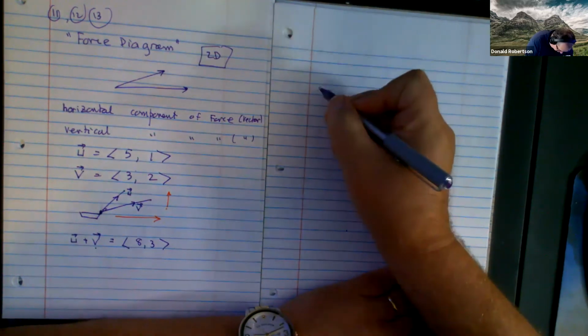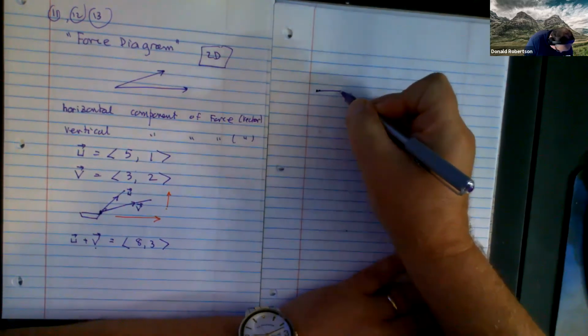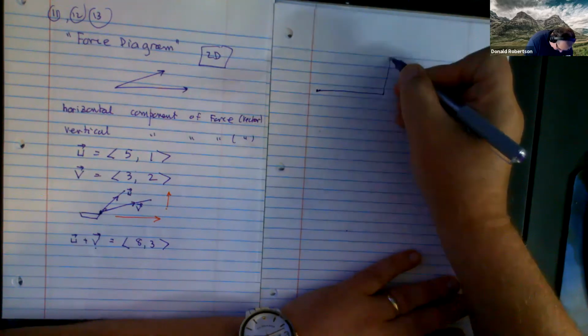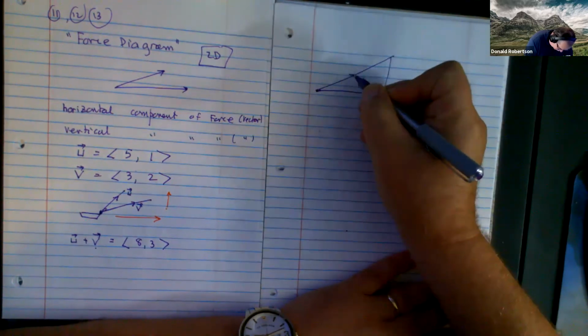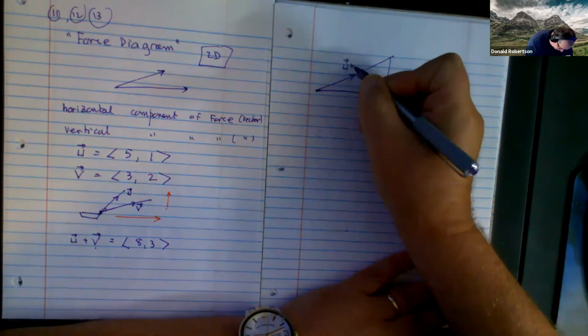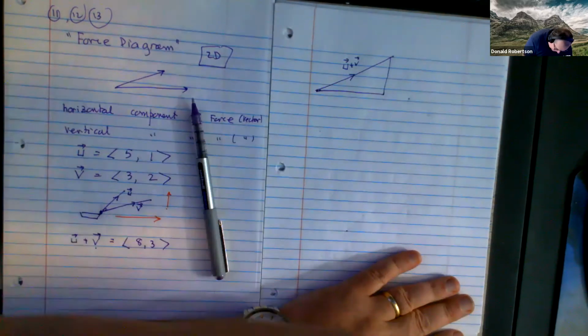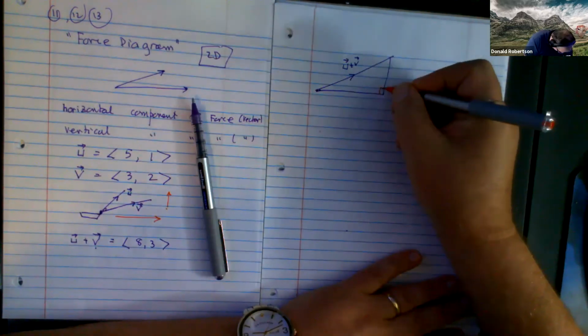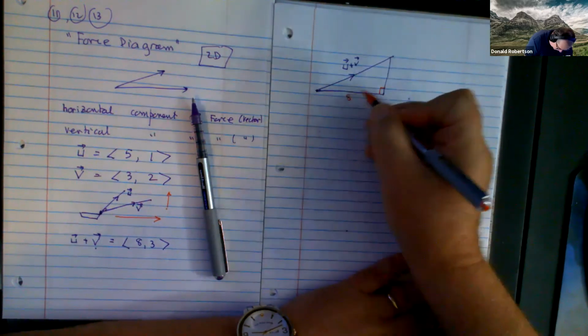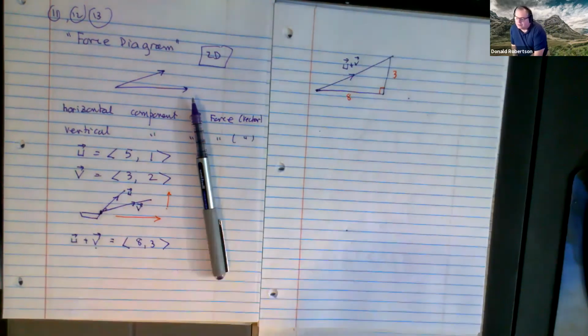So if I draw a little picture of what that might look like. Wouldn't the vector u plus v look like this? Wouldn't it be 8 along and 3 up, right? If you want to imagine a little triangle for it.